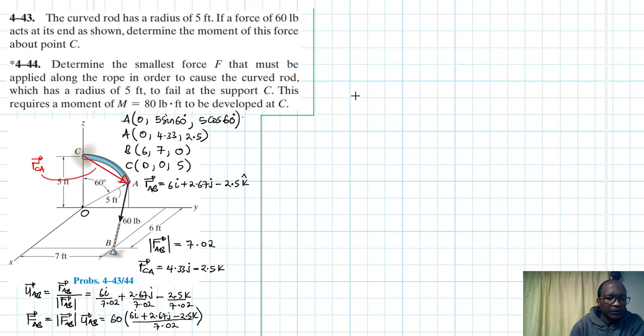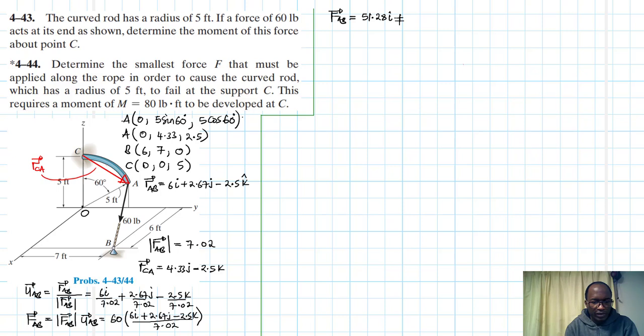Let's finish this part. Therefore, the force itself, FAB, is going to be equal to, we need to multiply now, 6 divided by 7.02 times 60, so this gives us 51.28i plus, this one was 6 divided by 7.02 times 60, that's 51.28.